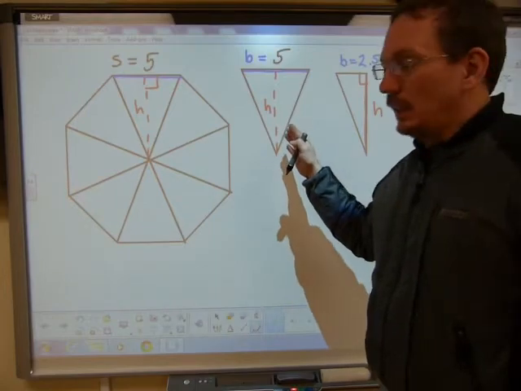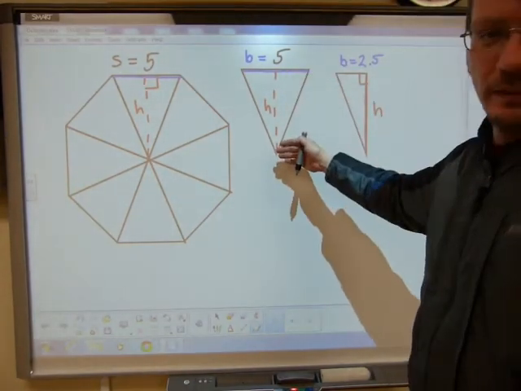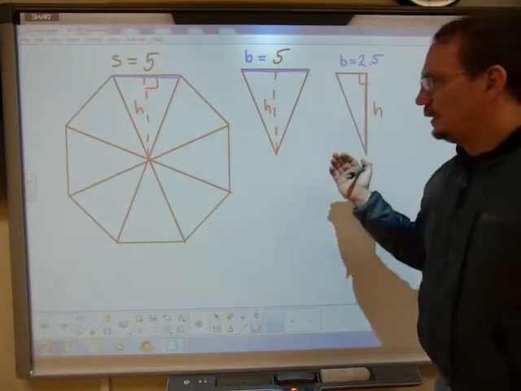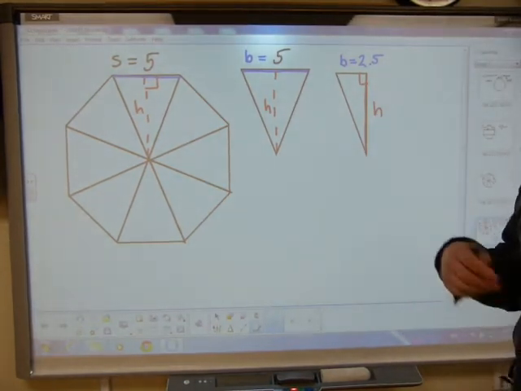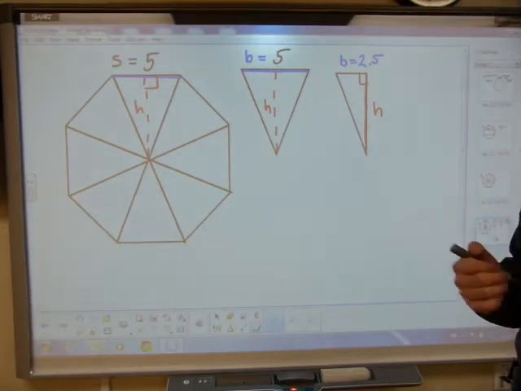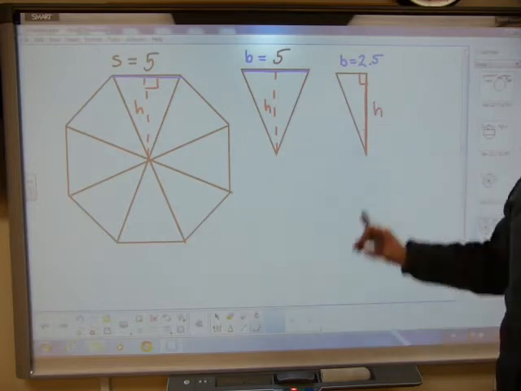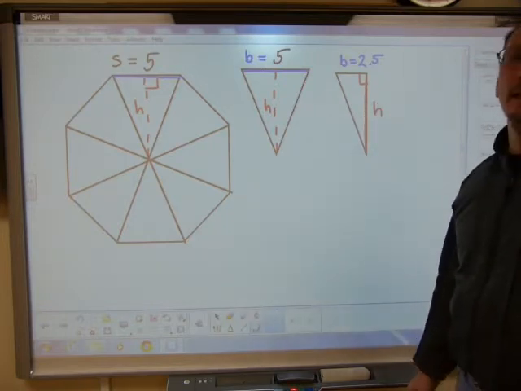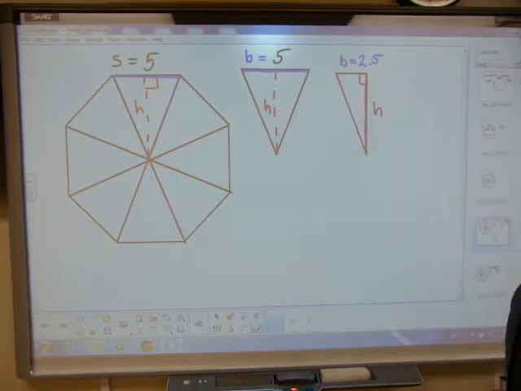This triangle is nice, but we need to calculate its height again, and to calculate the height you need a right angle triangle, because the trigonometric functions relate to right angle triangles. You know those sine, cosine, tangent nightmares? They only work with right angle triangles. So instead of 8 of these, we're going to have 16 of these.